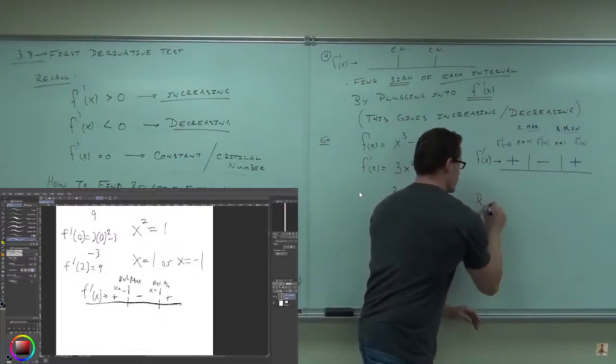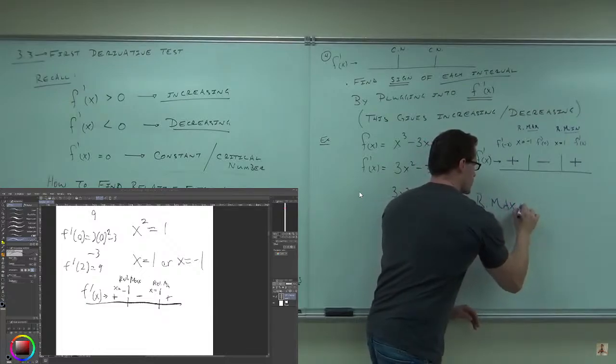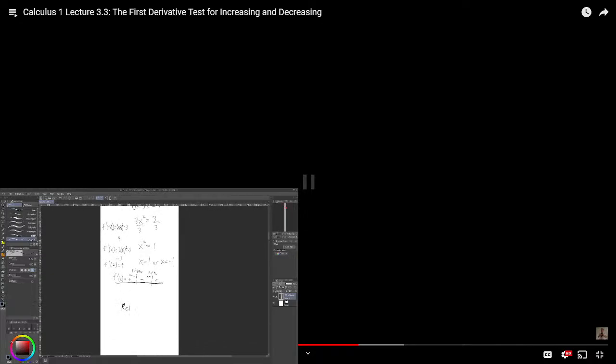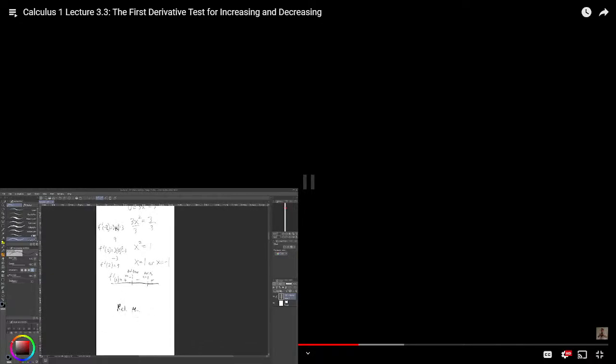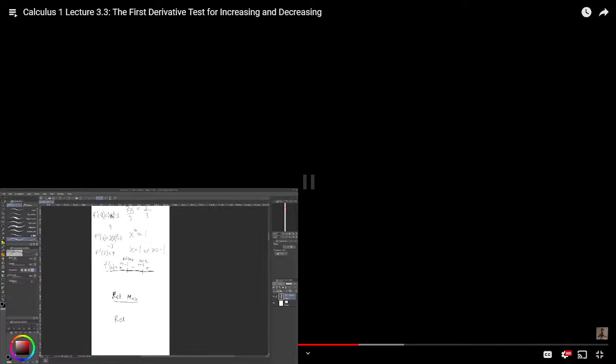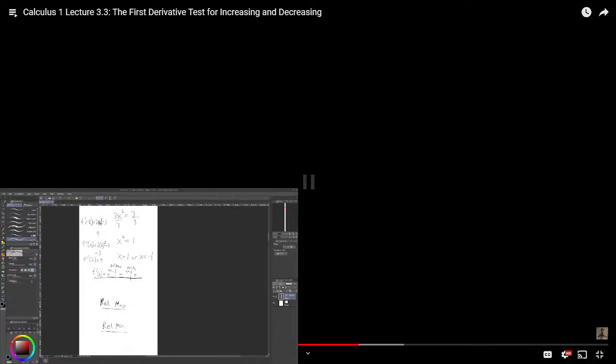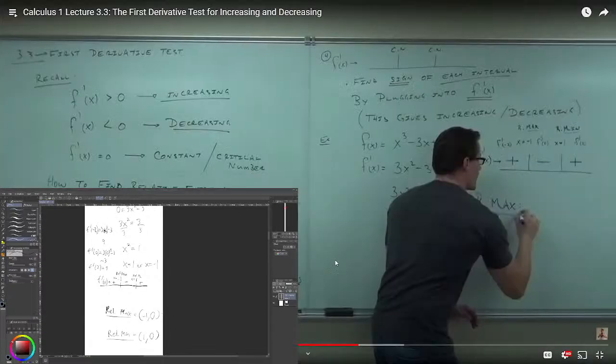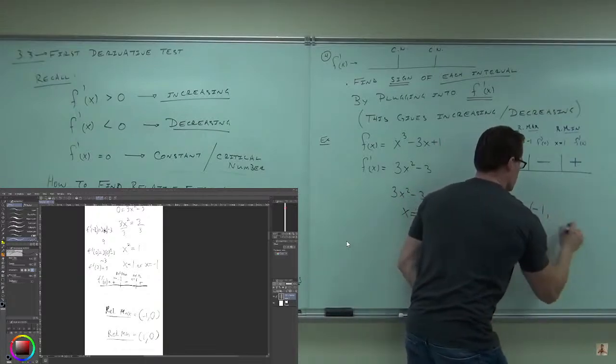Just plug it into the original function. My relative maximum is going to happen at -1 comma something, right?